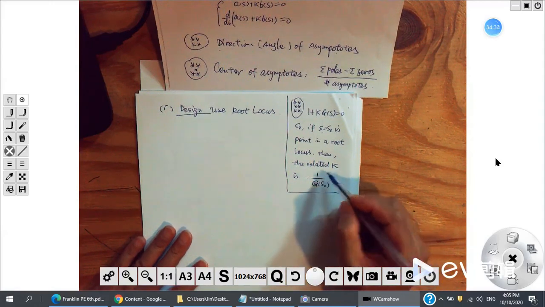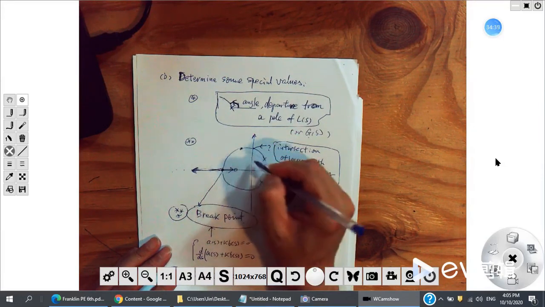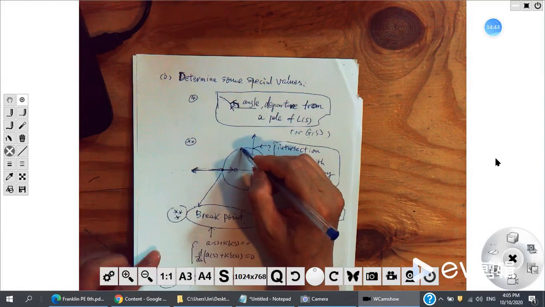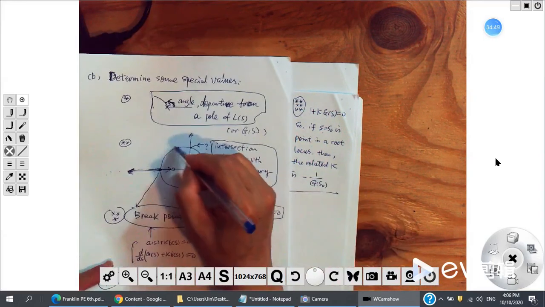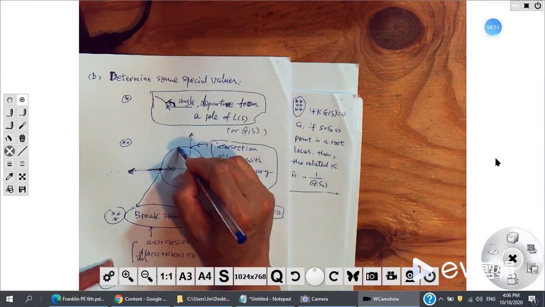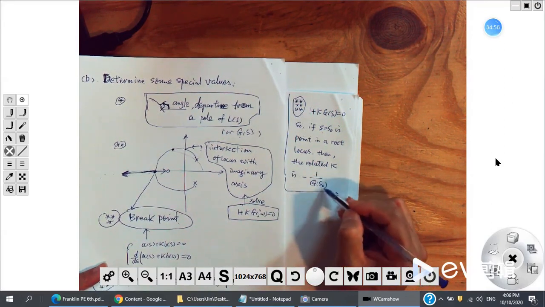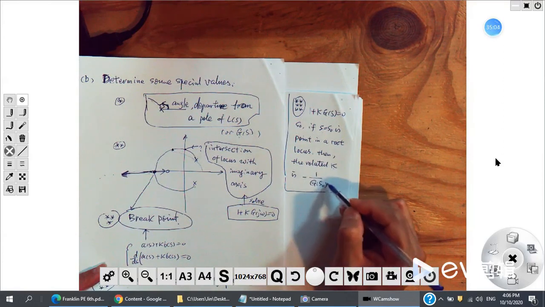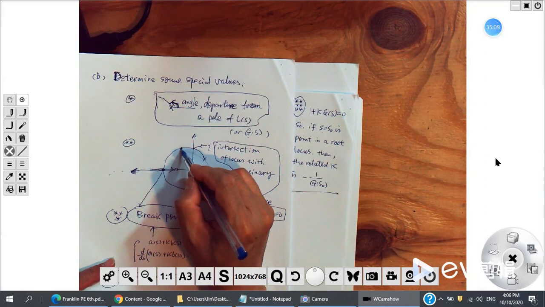If you check here, this is the root locus. You pick any point, and you want to know the value of K at this point. Then that K will be 1 over negative G(s0). s0 is this point. You pick this as s0, then you get this value, and this value will be that K. That means if you choose K equal to this value, then the overall system will have this point as its pole.